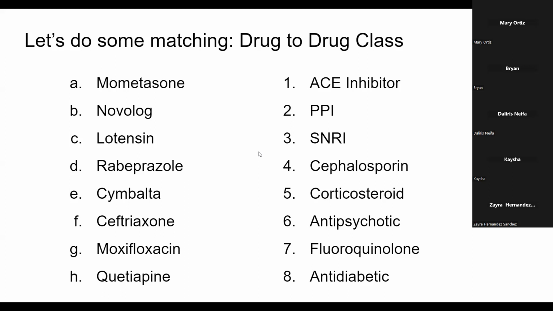Let me see. Any side effects to be aware of with fluoroquinolones? There's one kind of weird one. It's not as common with moxifloxacin, but with ciprofloxacin.